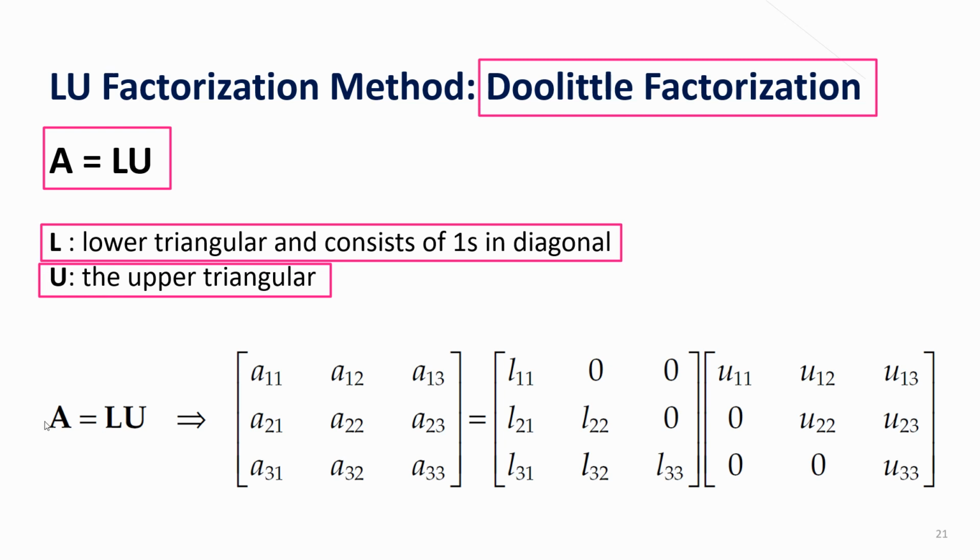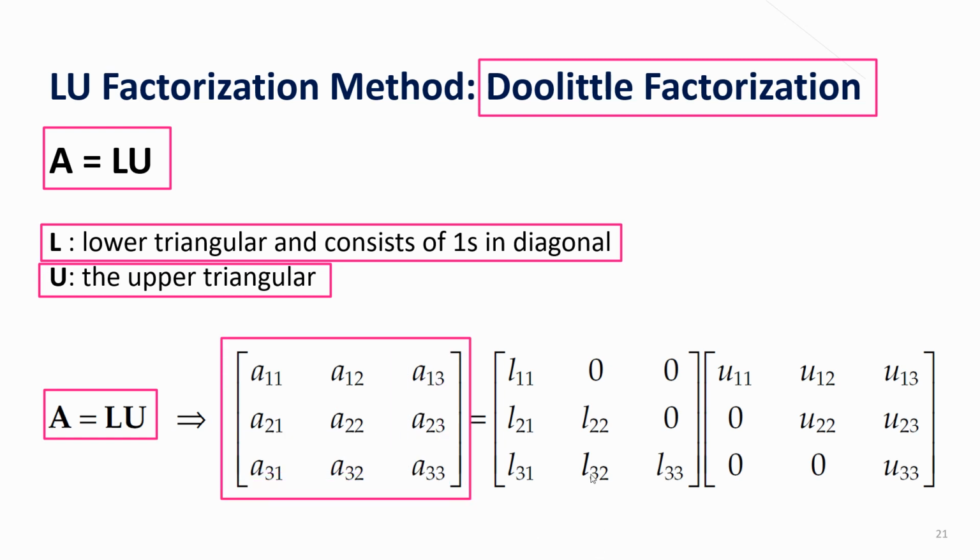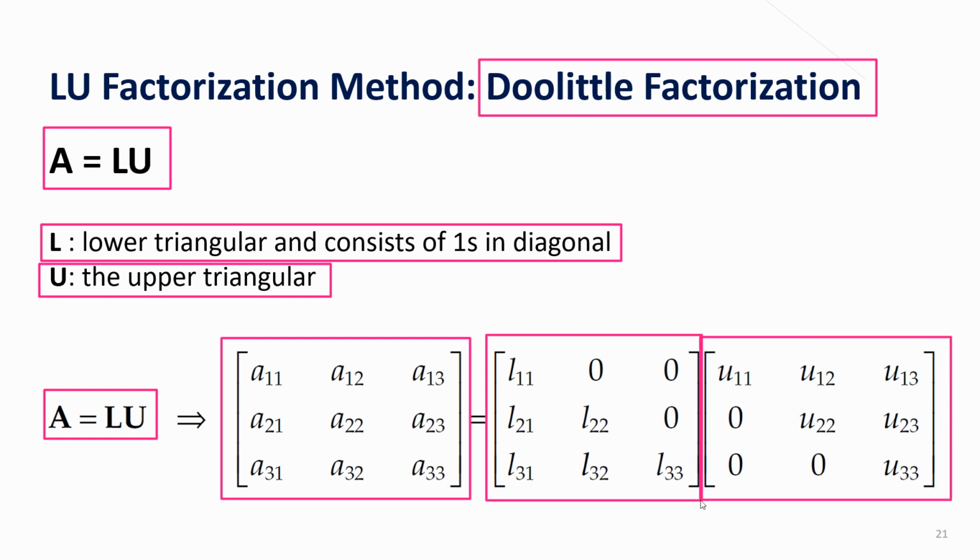So for short, A equals LU means that we have matrix A like this, and then you will convert it into matrix L and then matrix U, where L will be a lower triangular matrix in which all the values on the diagonal are equal to 1, and U will be an upper triangular matrix in which all the values below the diagonal will be 0.